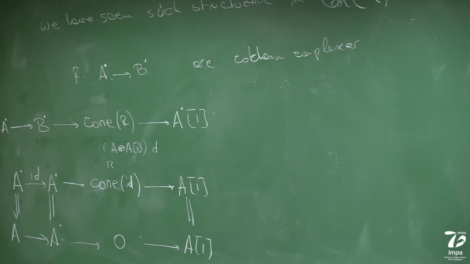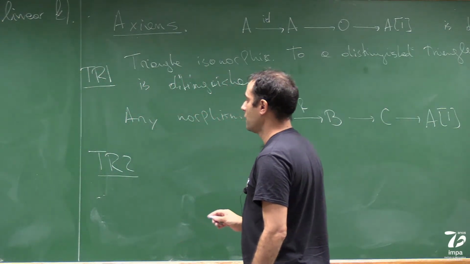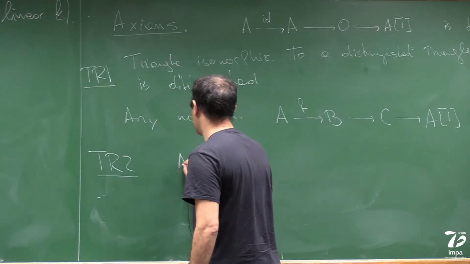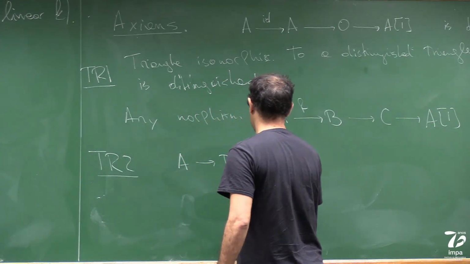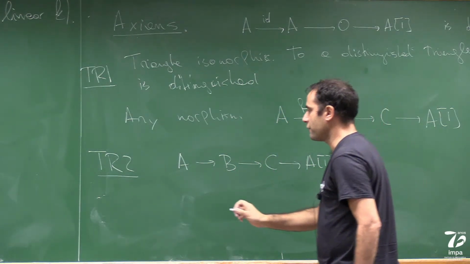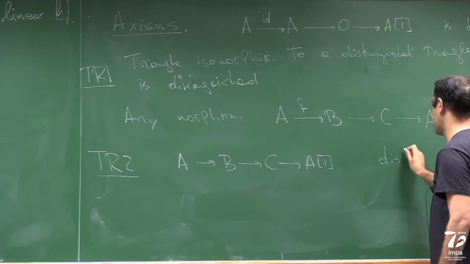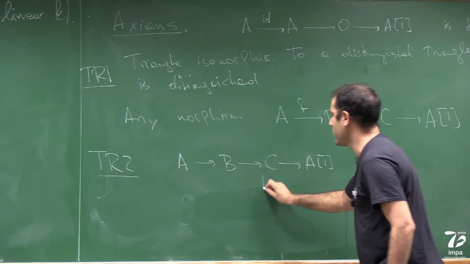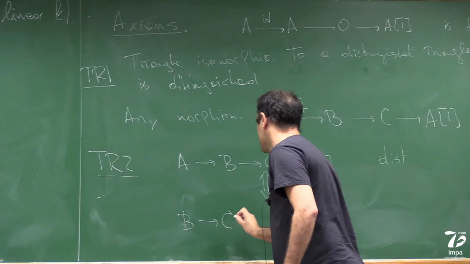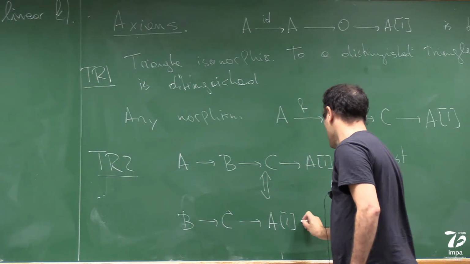So the second axiom, it's easier to check. It's easy to see that it's also going to hold for cochain complexes. This is distinguished if and only if the triangle that starts with B to C to A shifted by 1 is distinguished.